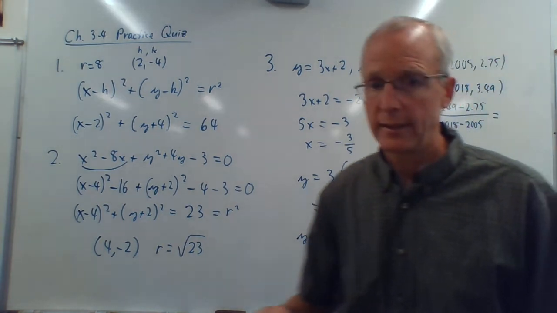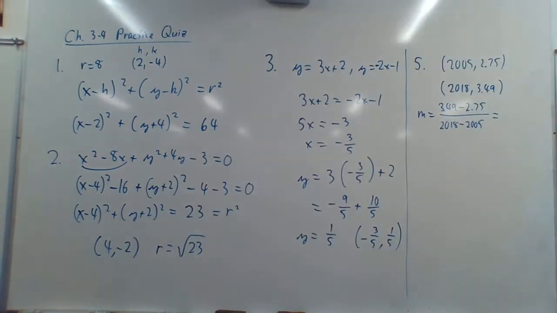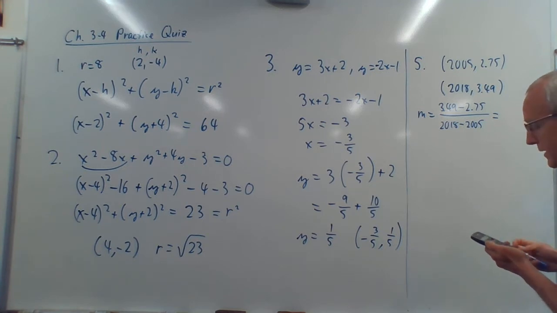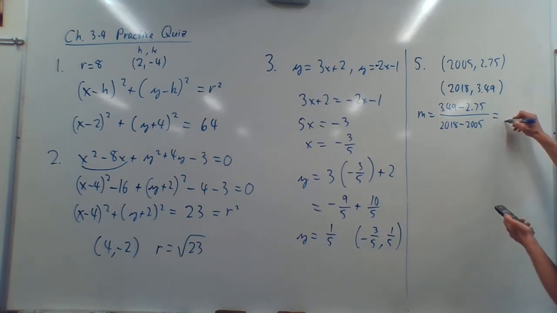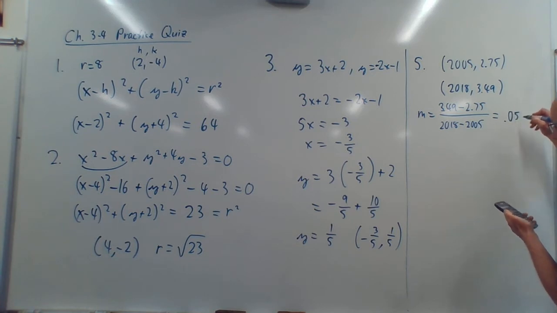Better get a calculator here. 3.49 minus 2.75, I'll just do it all divided by, what's that, 13? 13 equals, horrible thing, 0.056923. That ought to do it.